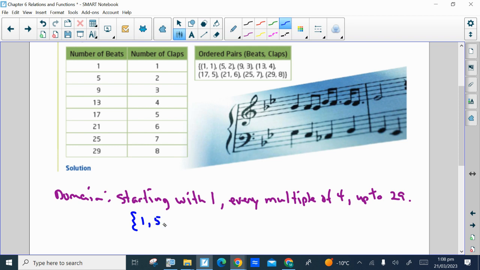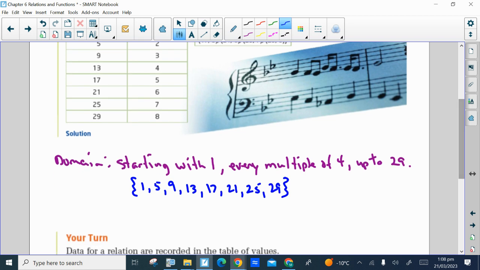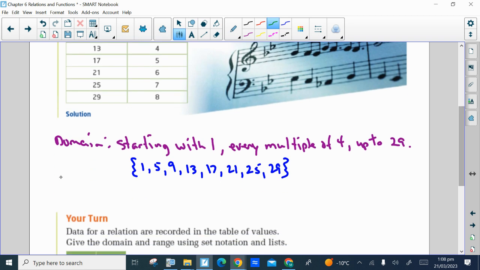And a list is just listing all of the different numbers that belong to that set. You can always express discrete data with a list. You can't always, though, do it in words because there's not always a pattern like we have here. So there's the domain in words and as a list.